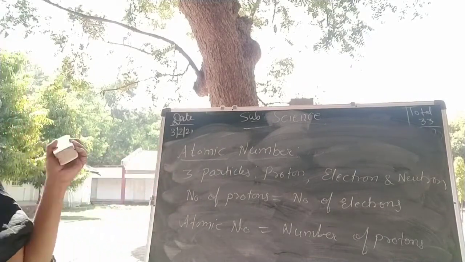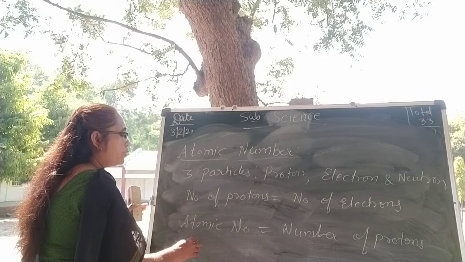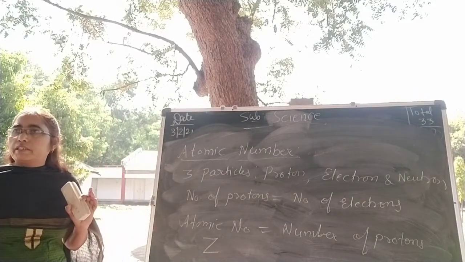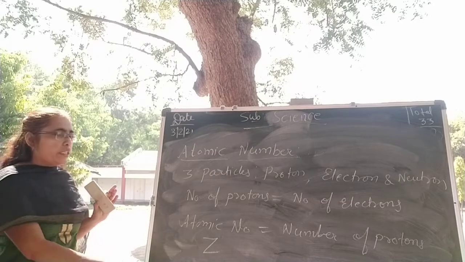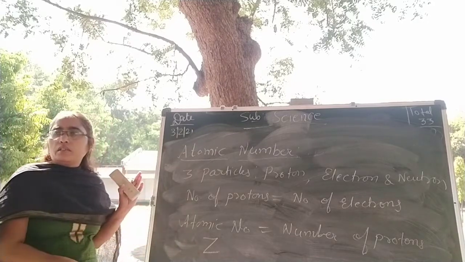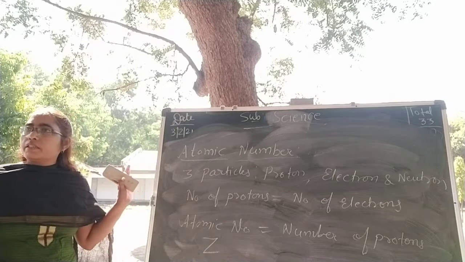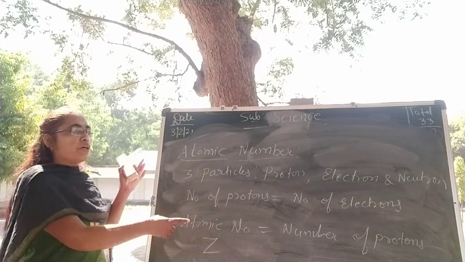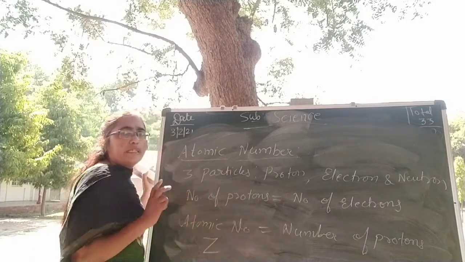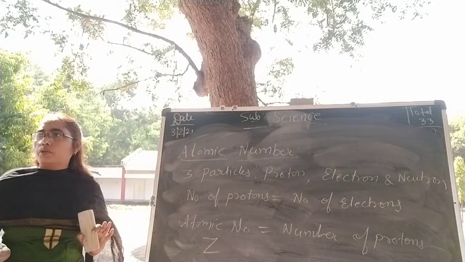So atomic number is represented by the letter Z, capital Z. Generally, when we write Z, Z means atomic number. Did you get this? So atomic number means what? A simple two-word answer: number of protons.